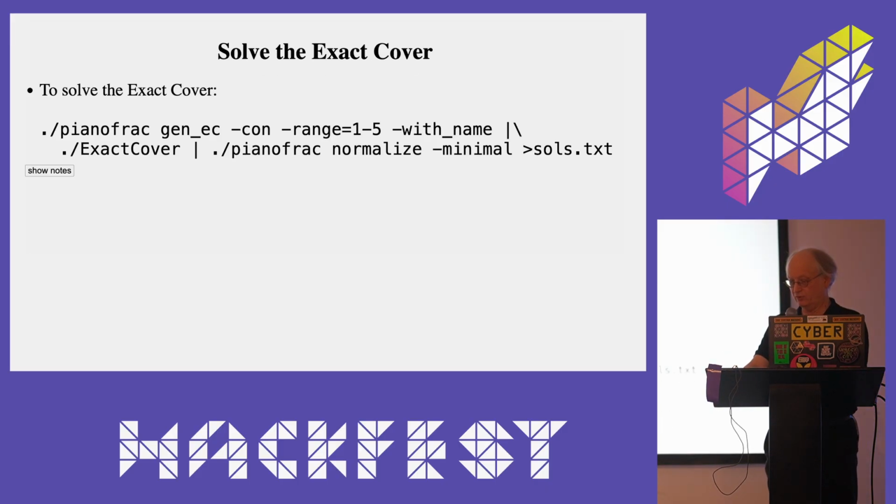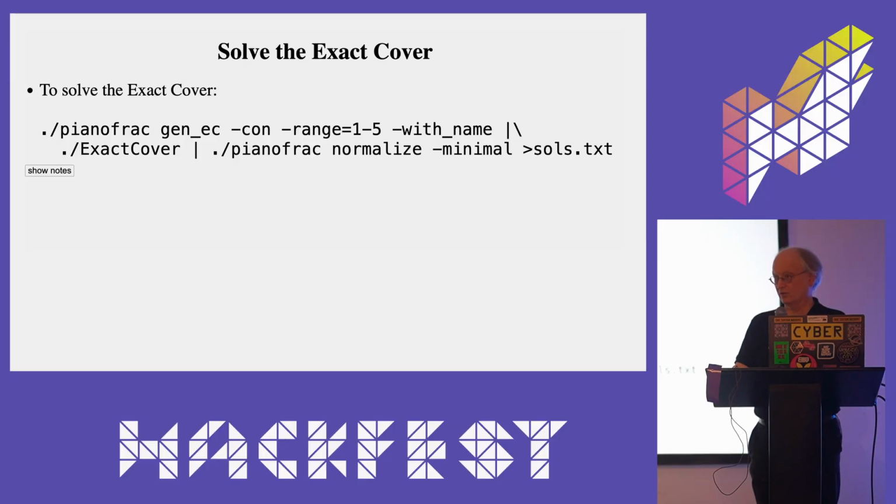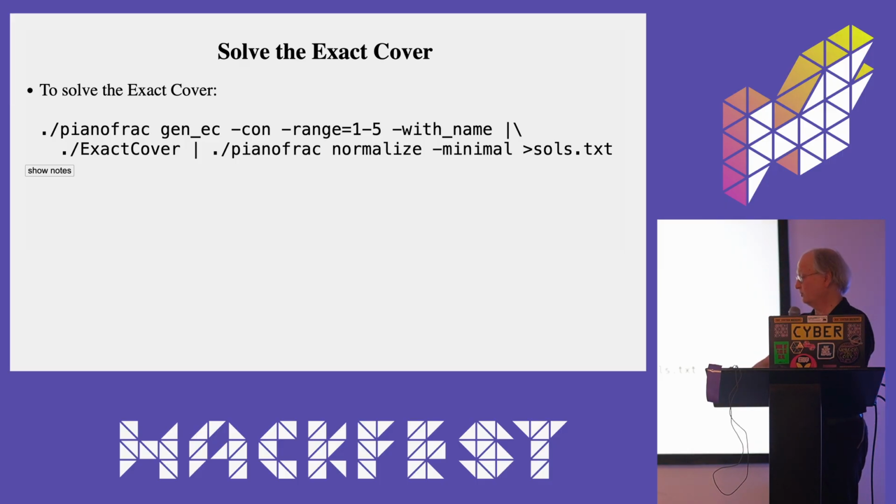Now, how do you call this program? This is a Unix command, and I used the pipe symbol. So here in this line we call 3 programs, but we put the output from the first program into the second program, and from the second program into the third program. So we generate here the pieces with sizes from 1 to 5, and we also use the option with-name. You have to use that.